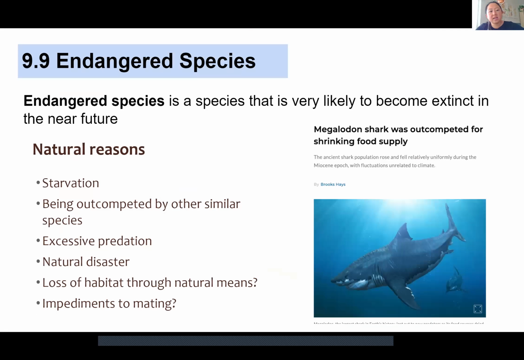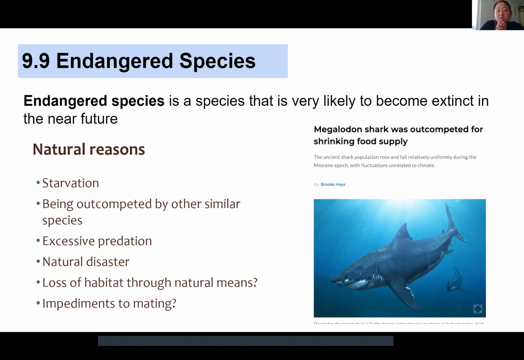Okay, so an endangered species is a species that is very likely to become extinct in the near future. Y'all knew this, but endangered species also go extinct for a multitude of reasons, which are not always man-made.